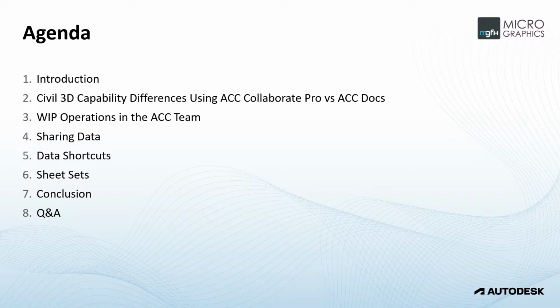We'll talk about how you share data. And of course, when we work in multiple user teams, then the data shortcuts are very important. If you use Civil 3D, you'll know that if you've got a model, and maybe the model represents the survey data for the topography that you're putting together, the existing topography, that can consume quite a bit of information, all the points that are coming into the drawing and what have you.